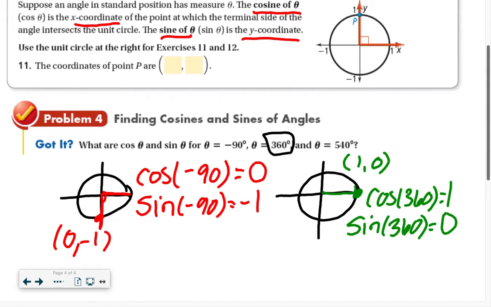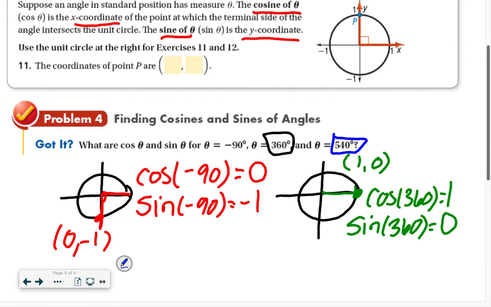Okay. Let's do the 540. I don't know what 540 is. We have to put it between 0 and 360. Is 540 between 0 and 360? No, it's between 360 and 540 though. How can I put 540 between 0 and 360?